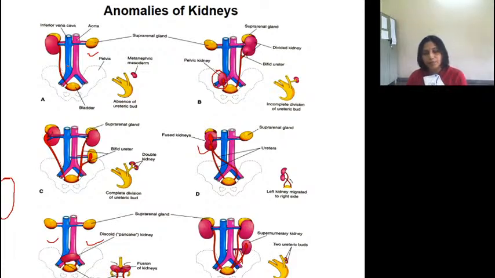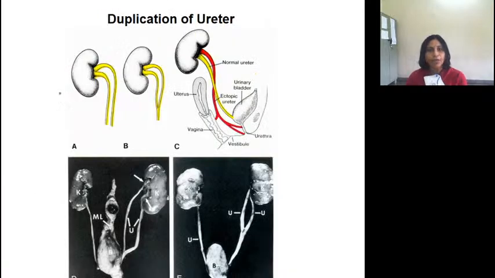So these are some of the abnormalities associated with the kidneys. You can see here, this is the duplication of the ureter. Sometimes the ureteric bud may be a single one, later it may divide early and give rise to two ureters. Or sometimes these two ureters may open directly into the bladder.